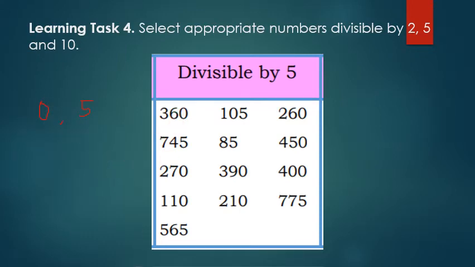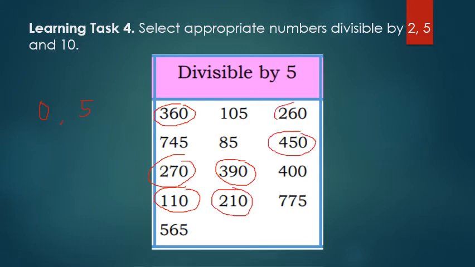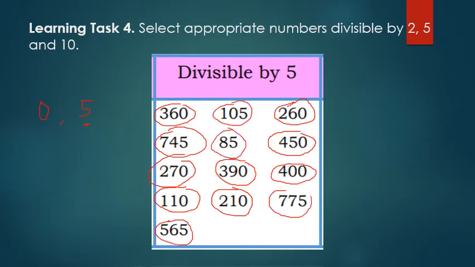We have 360, 270, 110, 390, 210, 450, 260, 400. Okay? And then, yung mga nagtatapos naman sa 5, 745, 565, 105, 85, and 775. Lahat po siya ay divisible sa 5.